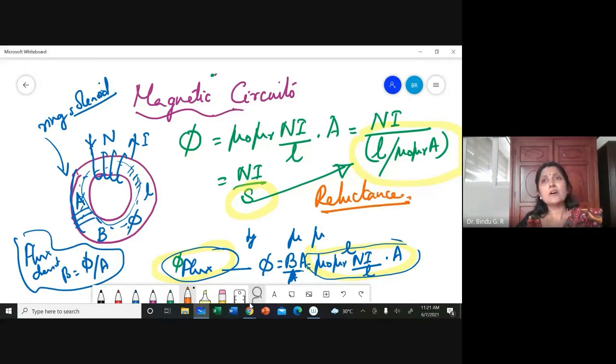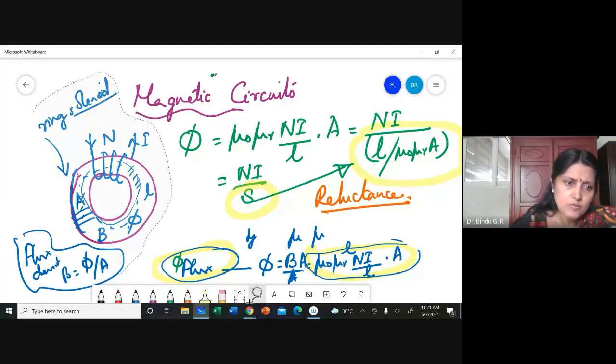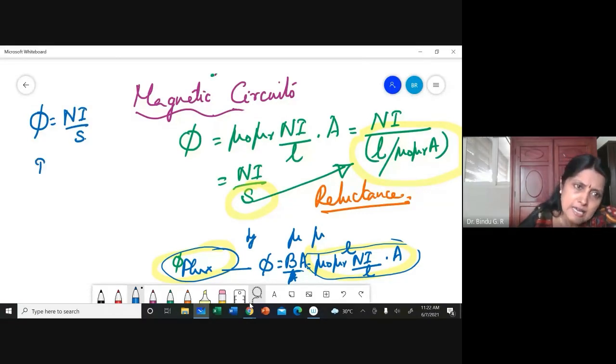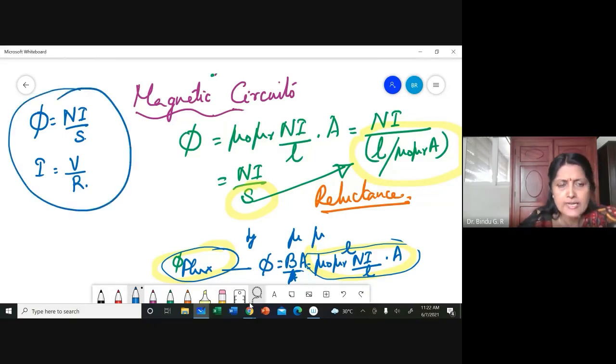Now let us draw a similarity with the electrical circuit. Flux phi is equal to Ni by S, and current I is equal to V by R. So if I can draw a similarity between these two, this V we denote by EMF, electromotive force, R is the resistance, I is the current.